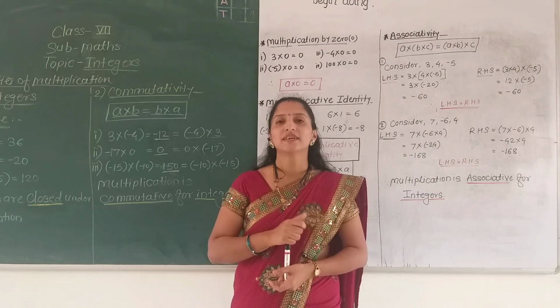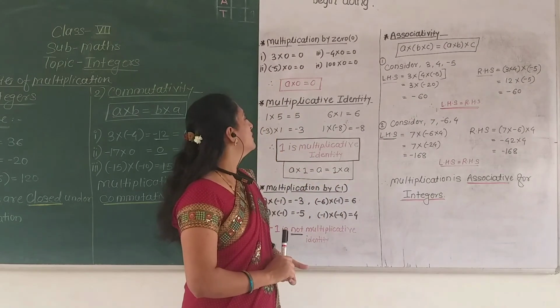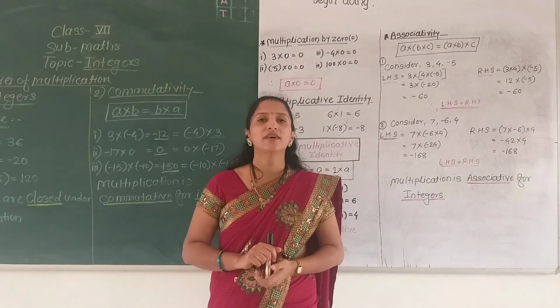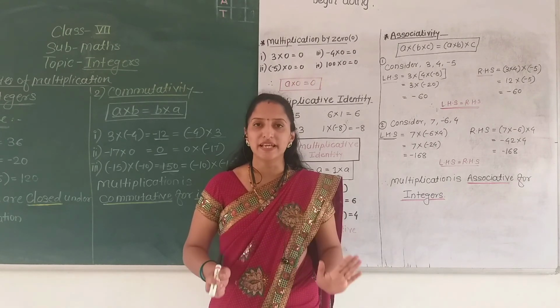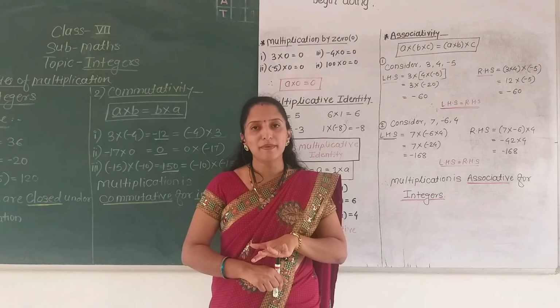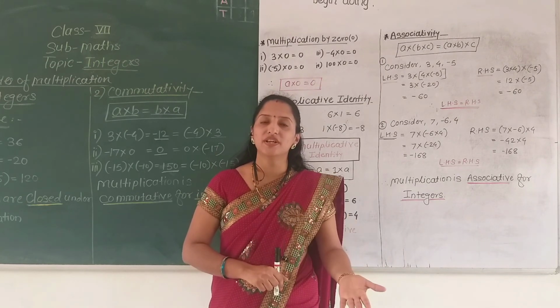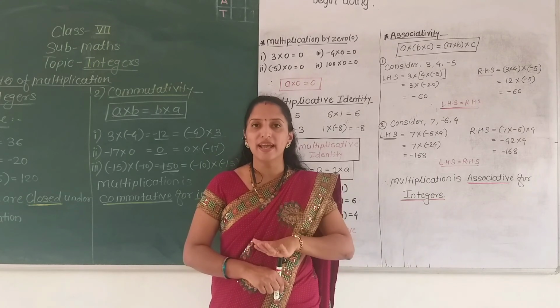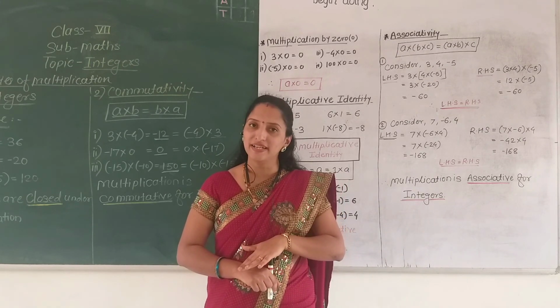Also we have learned that when we multiply 0 with any integer number, our answer will be 0. When we multiply 1 with any integer number, we get the same number. So 1 is called the multiplicative identity.